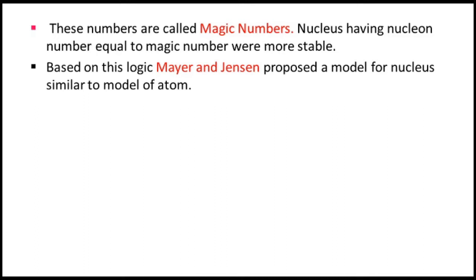Now what was their logic? That if a certain atom has a certain fixed number of electrons, then they are stable. Similarly, if a certain nucleus has a certain fixed number of nucleons and that number is equal to a magic number, then they were also found to be stable. So based on this logic, they proposed a model for the nucleus that is similar to the model of an atom.